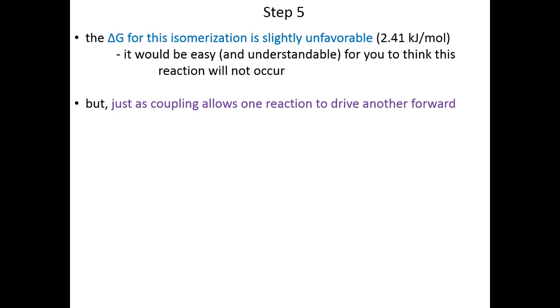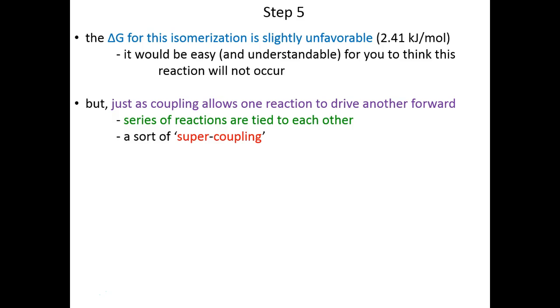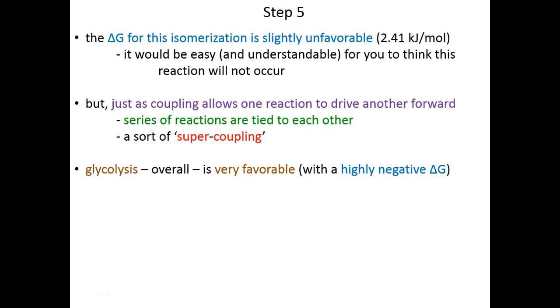But just as coupling allows one reaction to drive another forward, series of reactions are coupled to one another when they are tied together as single pathways. I like to think of this as a type of super coupling. As we go down the road of glycolysis, we're going to see that glycolysis overall as an entire pathway is very favorable.